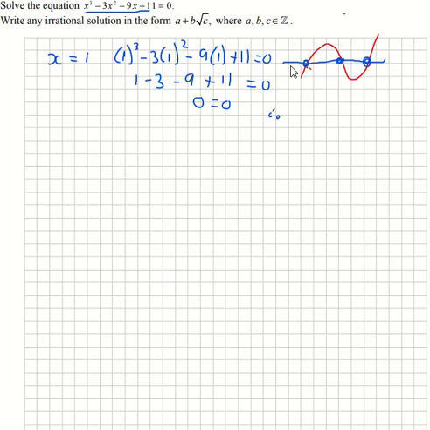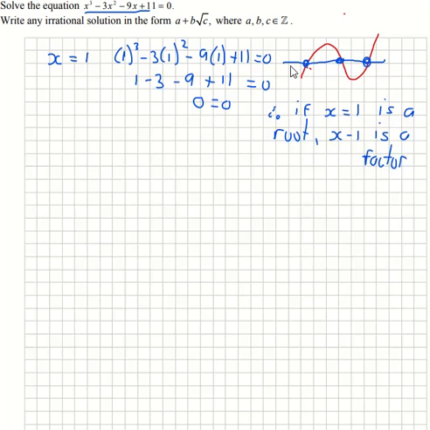So the factor theorem tells me that if x equals 1 is a root, in other words it gives you out 0, then the factor theorem says that x minus 1 is a factor. So that means that x minus 1 will divide into this function with a remainder 0.